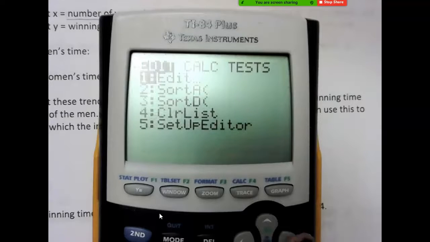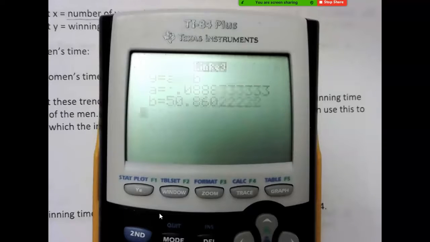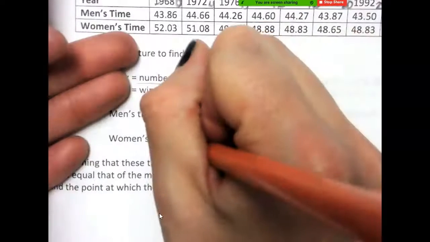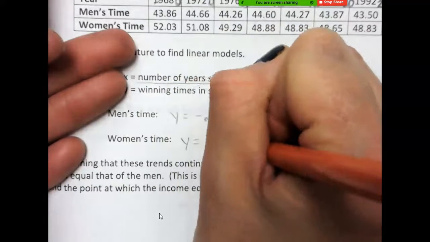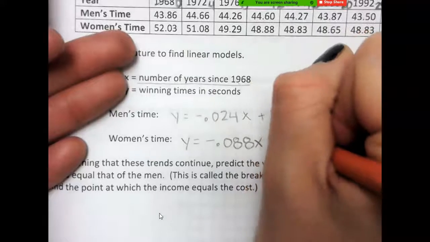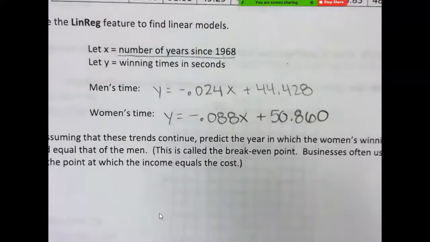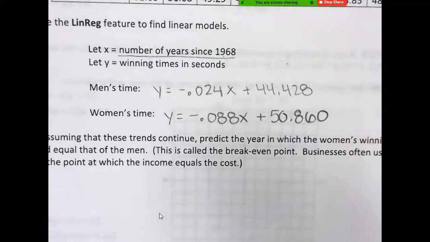Go to Stat, Calc, 4, get your equation, and you get y equals negative 0.088x plus 50.860.